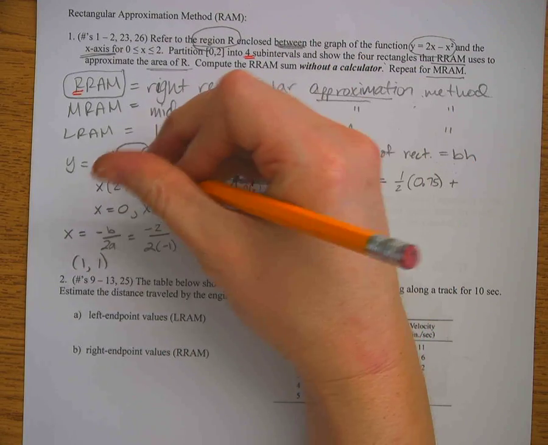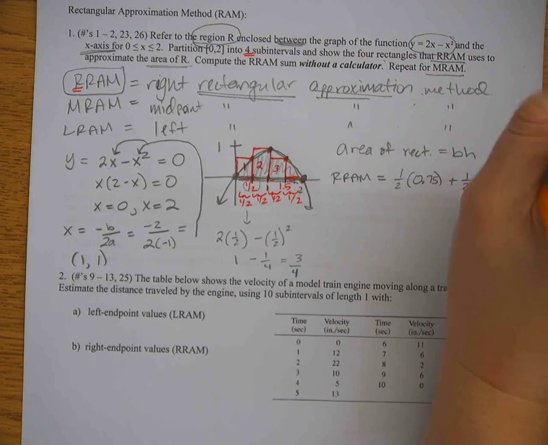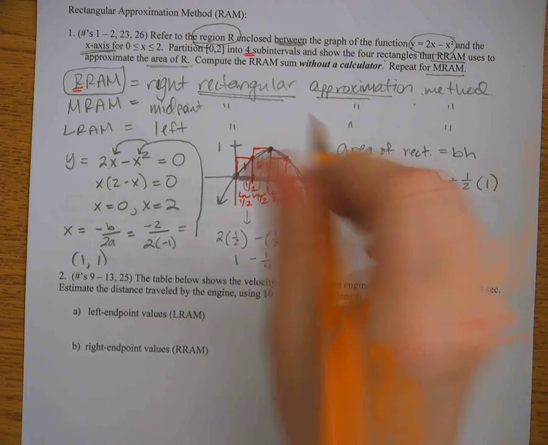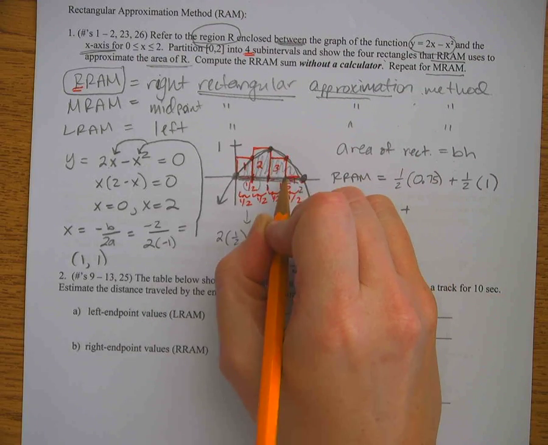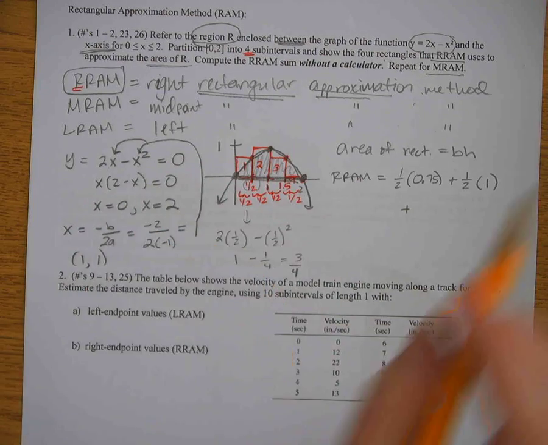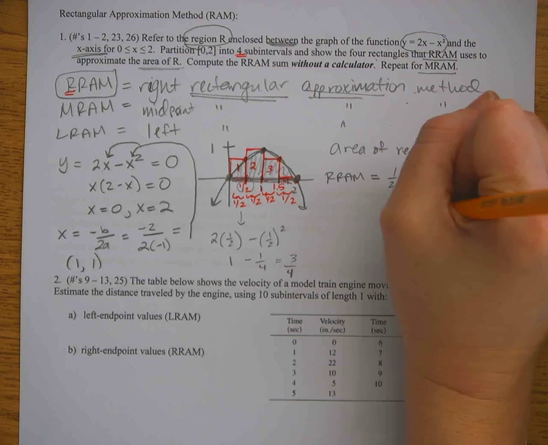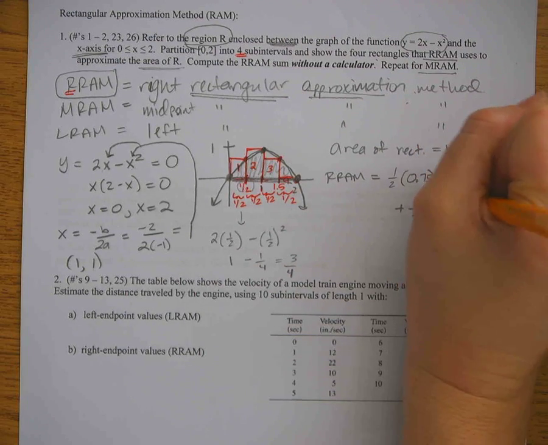I would do the same thing for the second rectangle, but this time I would plug 1 in here, which I did earlier and got 1. So the base of the second rectangle is 1/2, and the height is 1. And then for the third rectangle, I would use 1.5 as my x value to plug in here. And it turns out that when you do that, you get 0.75 like with the first one. So I have 1/2 times 0.75 again.